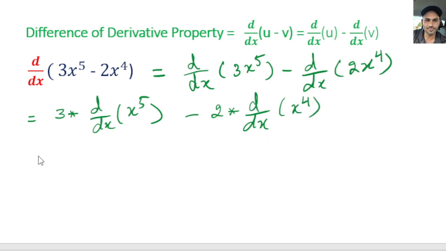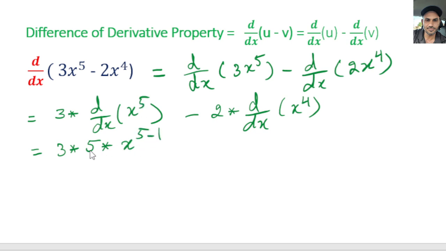Okay. Now the next thing I'm going to do is apply the power rule to these two terms to take their derivatives. So we have 3 times, when we apply the power rule to the x to the 5, we bring down the exponent to the front times x to the 5 minus 1.